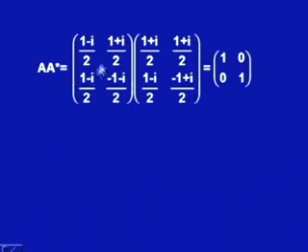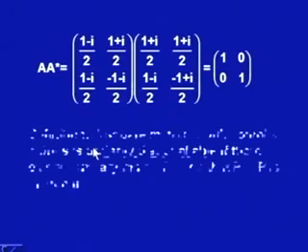This is the matrix A, and this is A star, and when we multiply it, this row multiplied by this column is 1, this row multiplied by this column is 0, this row multiplied by this column is 0, and this multiplied by this is 1. So, A A star is equal to the identity matrix.